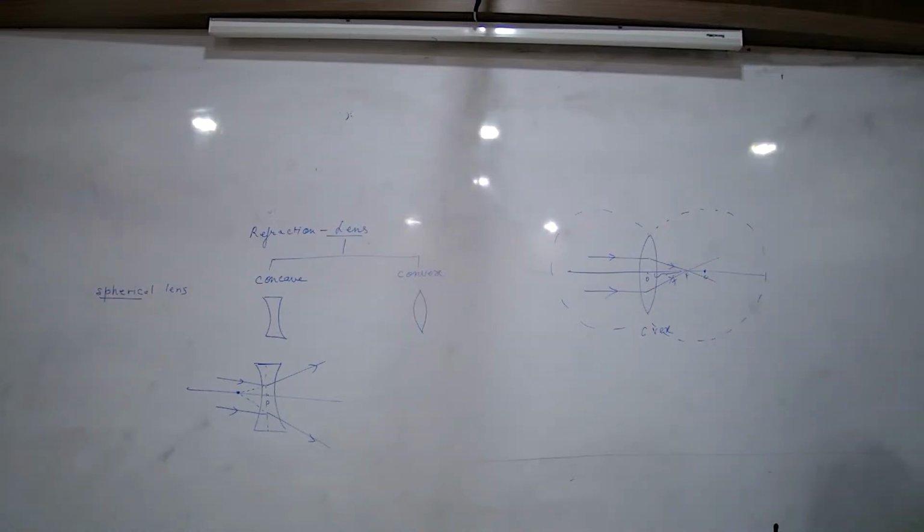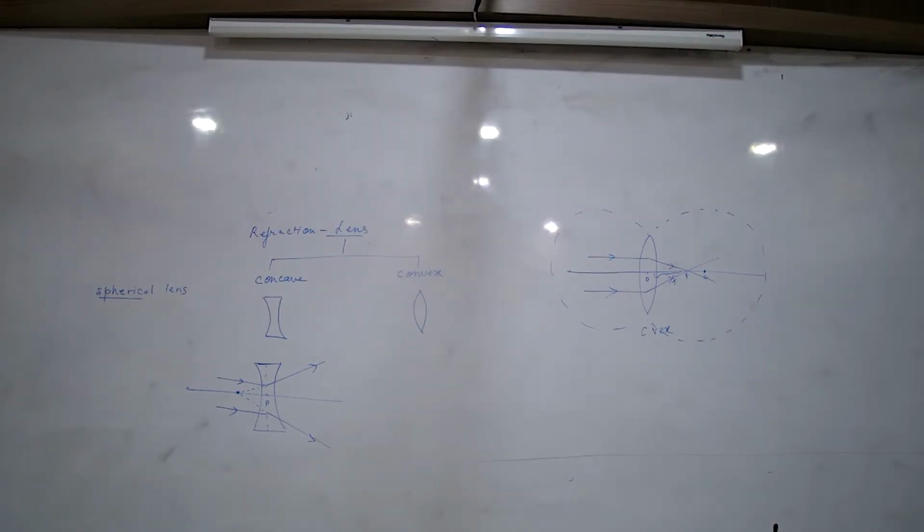Now before we actually go on, we will read a few of this page. We have a lot of uses of convex and concave lenses also. And as we keep on reading it, we will understand.